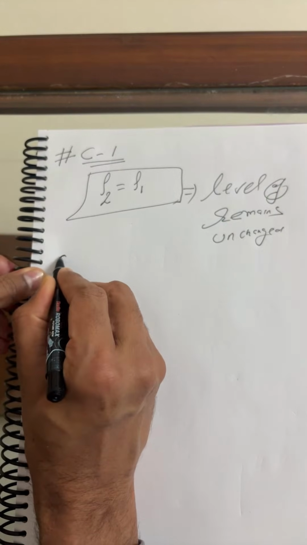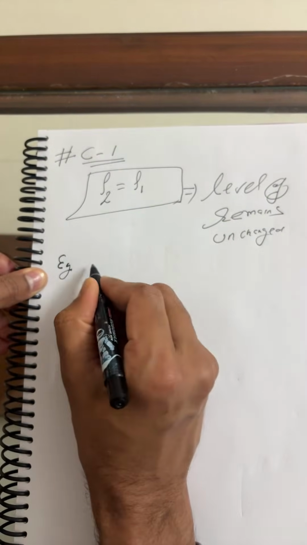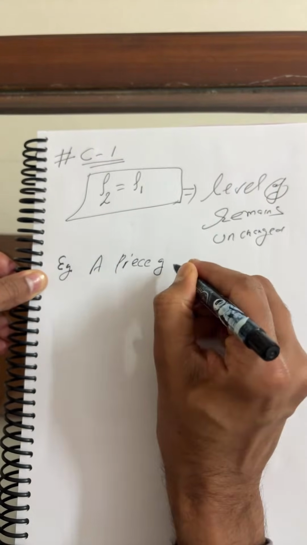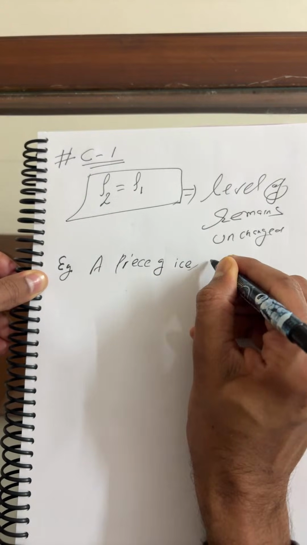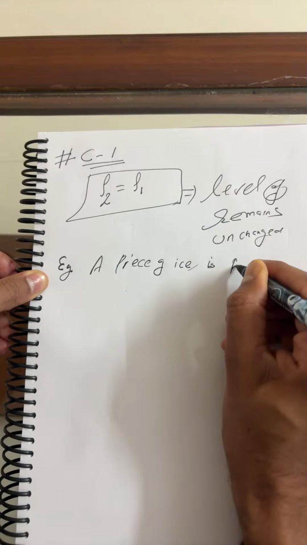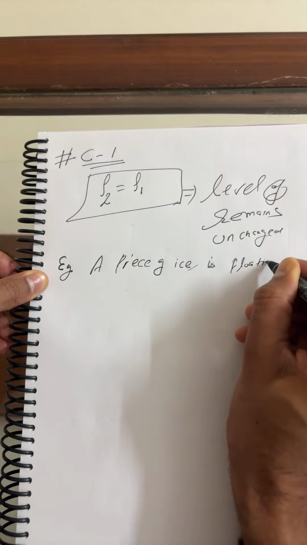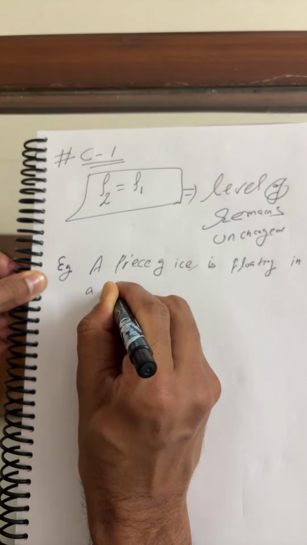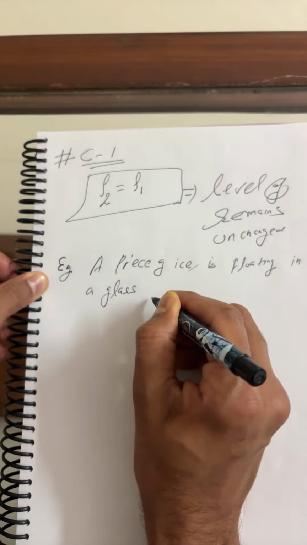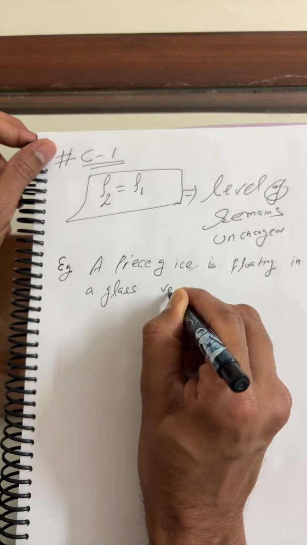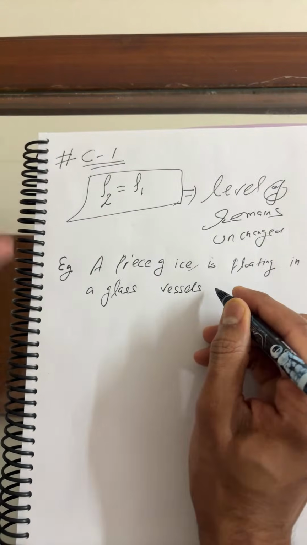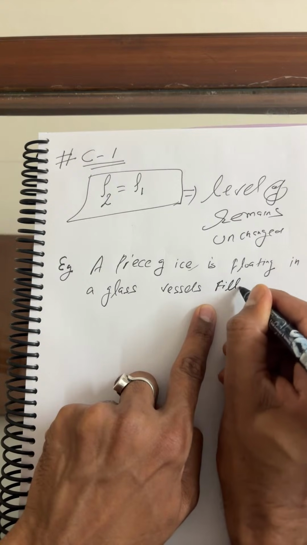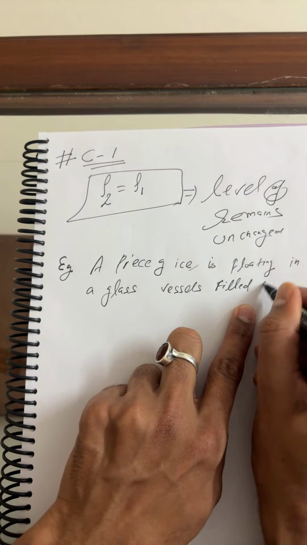Now beta, Arab, come. What's the question? A piece of ice is floating in a glass vessel filled with water.